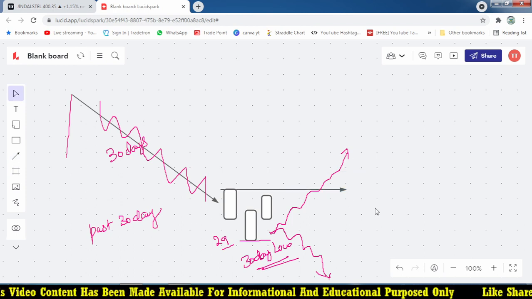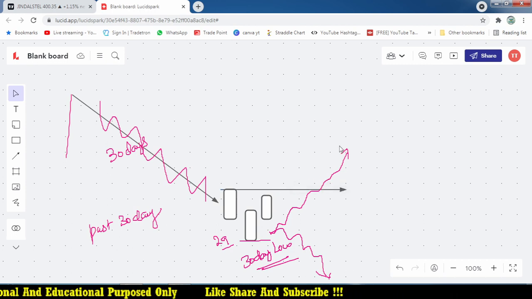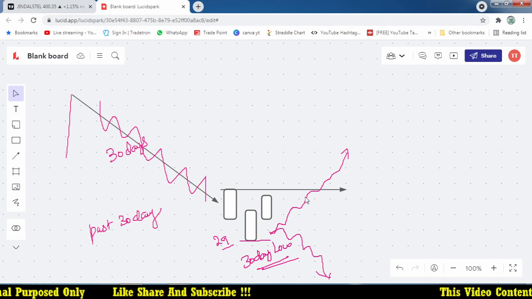If the stock crosses above the 29th day highest level, we can expect a bullish reversal, a reversal point at the lower level.